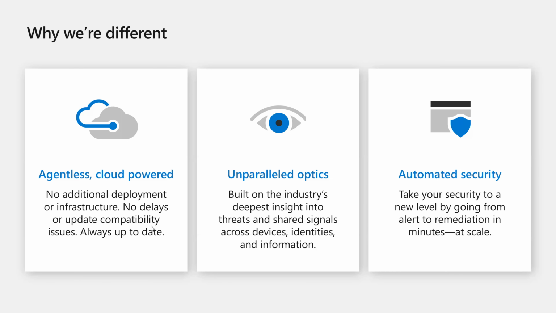Simply because it's agentless. Some of the solutions you saw in the previous slide are cloud powered, but some are not. It's built into the operating system, so we don't have to install agents and keep updating them.